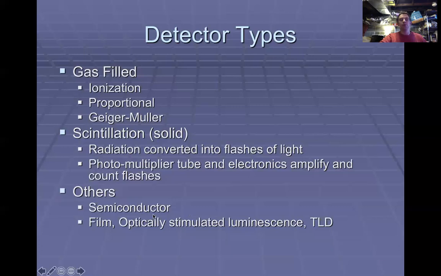And then finally, something like film or other dosimeter materials. We use OSL dosimeters, but there are other technologies that are perfectly adequate. We tend to use the OSLs because they are a nice balance of convenience and accuracy.